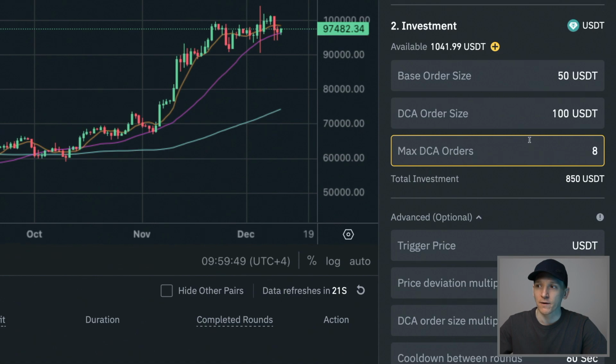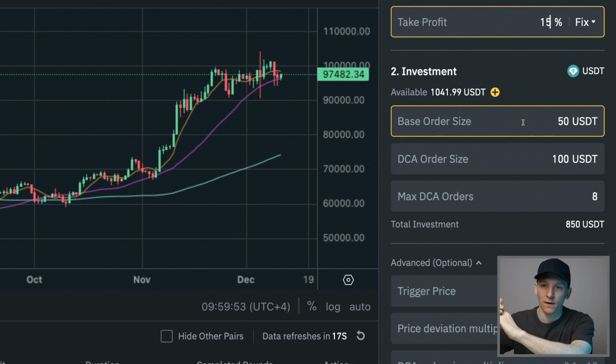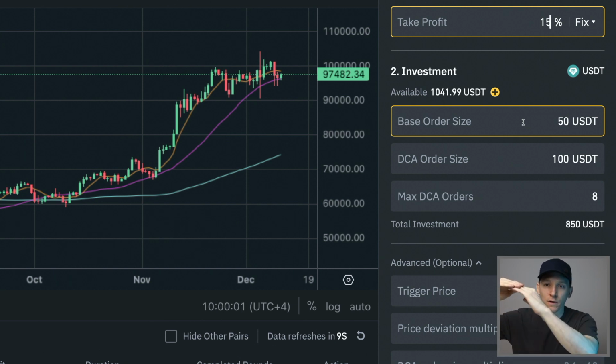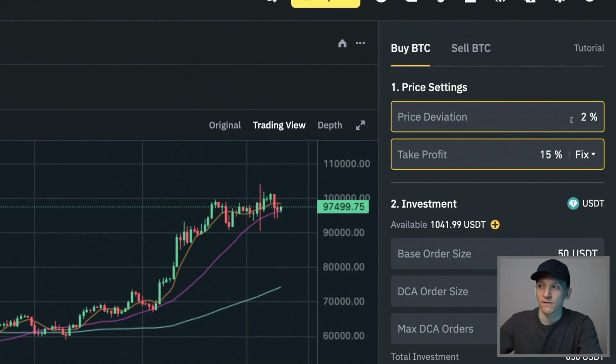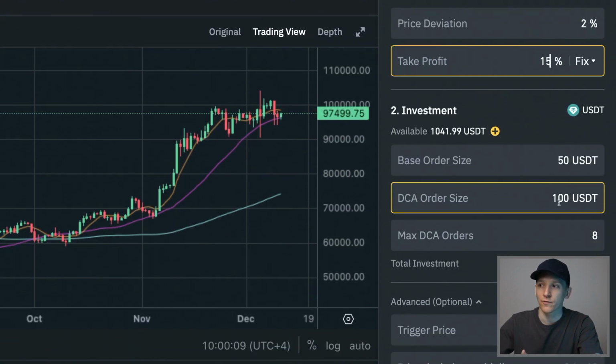The investment amount is fairly self-explanatory. You have to put a base order size in, which is the initial order, the initial buy. Then the DCA order size is the subsequent buys that you're going to put into the market at lower prices. These price deviations are 2%, and we want to put in, let's say, $100 worth of each DCA.